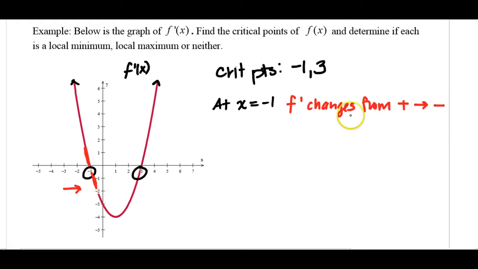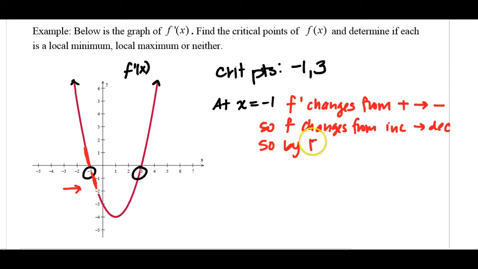So if f prime changes from positive to negative, f changes from increasing to decreasing. Sorry, not degrees, decreasing. So by the first derivative test, f of -1 is a local max.